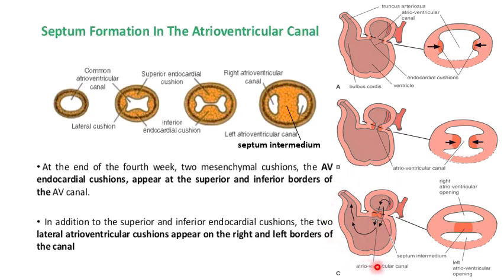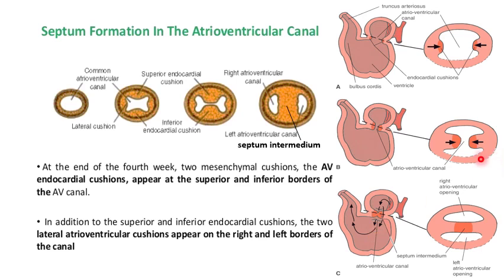By this time, there is no definitive formation of the right and left atrium or the ventricles. As this atrioventricular cushions are being formed to form the septum intermedium, simultaneously there is formation of interatrial septum as well as the formation of interventricular septum.